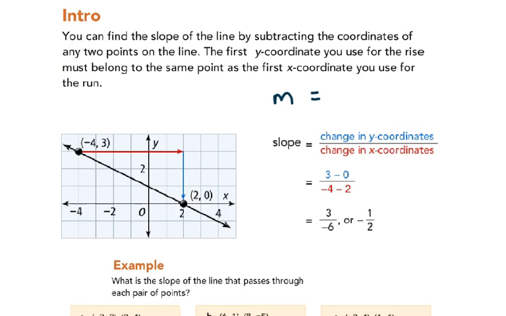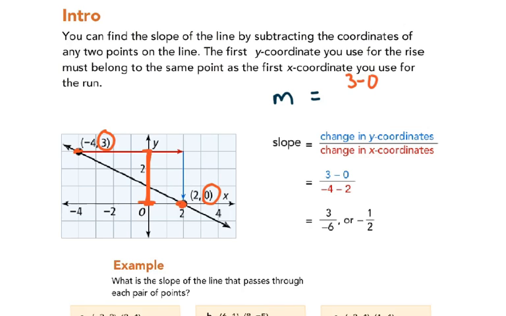We're going to look at the change in the y values, and the reason is it's the rise. So if I take a look at this point here and this point here, I can see on the y-axis it goes from here to here, and that is the rise. So if you look at the y values, they are 3 and 0, and you notice that I went up 3 spaces. So it's the change in the y's, 3 minus 0.